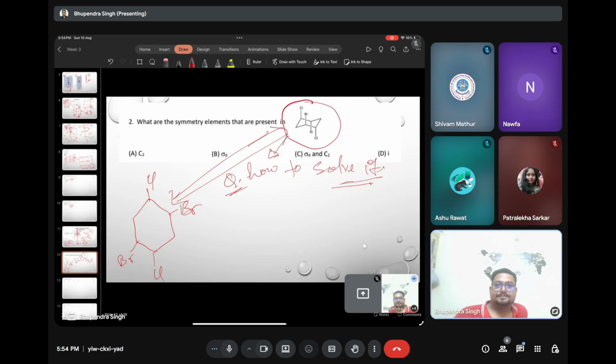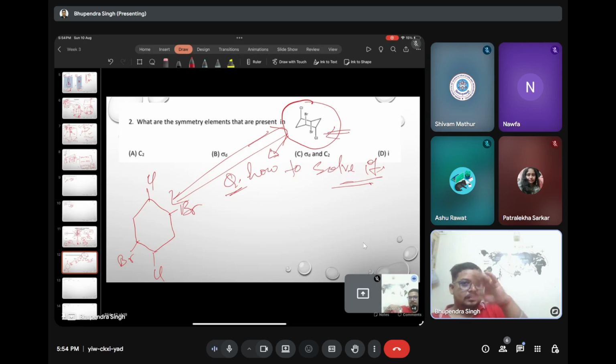Tell me. Yes. Yes, these two are equivalent. That is why I told you, first you have to find out how to solve it. Because in this structure it is very difficult to visualize and do the symmetry operations.